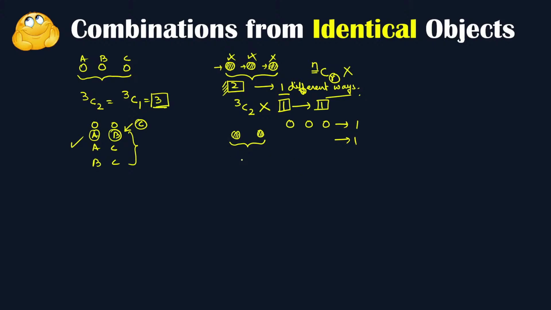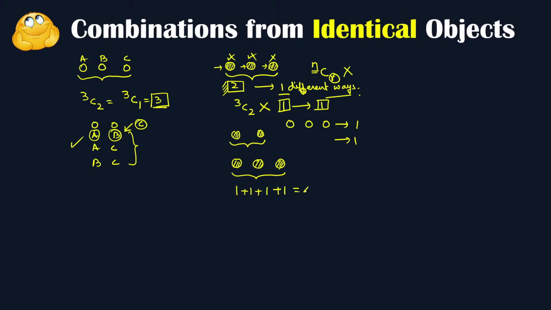Therefore, if I ask you, listen very carefully, in how many different ways you can give chocolate to a person where you are having 3 identical chocolates, your answer will be: no chocolate is given in one way, 1 chocolate in one way, 2 chocolates in one way, and 3 chocolates in one way.